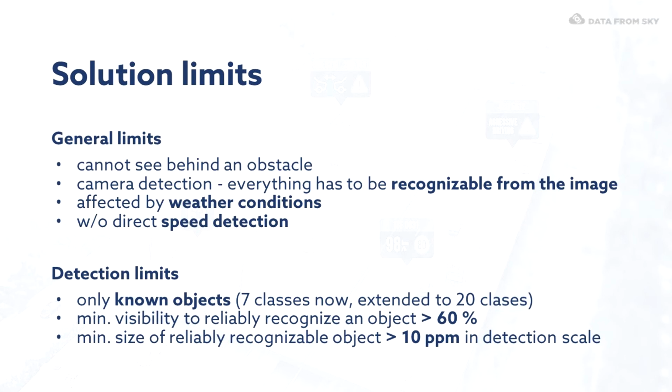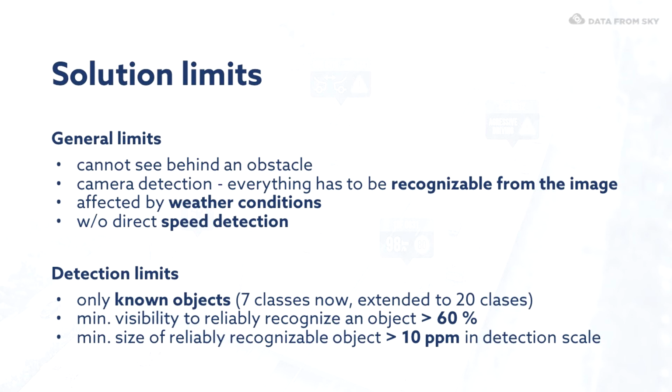On top of that, we can recognize only objects which we know. We cannot recognize something the algorithm is not trained on. As of now, we are recognizing 7 classes, and we are working on extending it to 20 classes, which will be quite a huge step forward. Every object needs to be at least 60% visible.